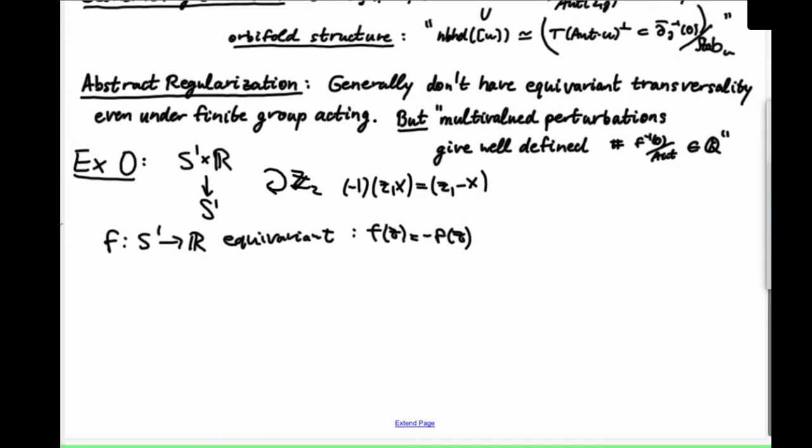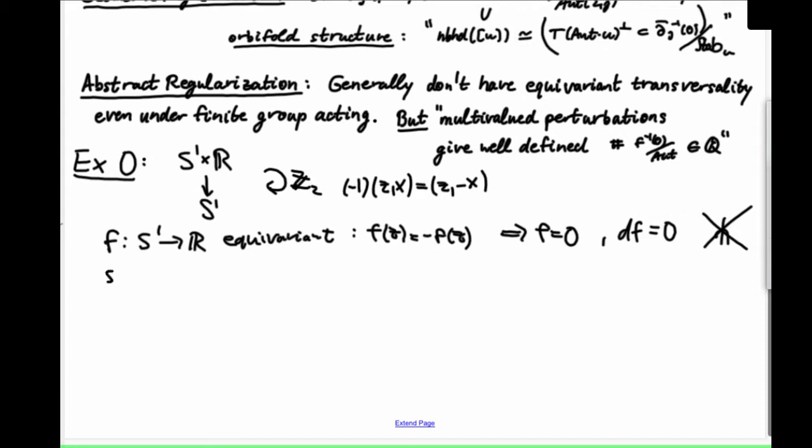That's not so good. So the only equivariant section is f equal to 0, which most definitely has 0 differential, which is very much not transverse. So what can we do? Well, there certainly is a transverse section of this, right?